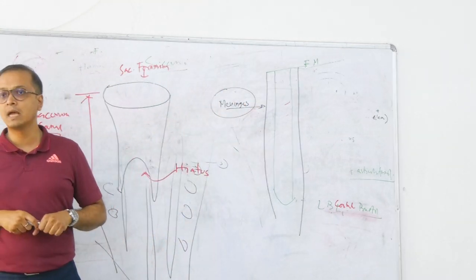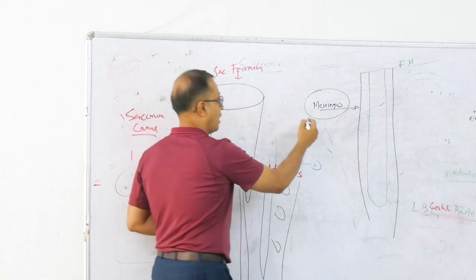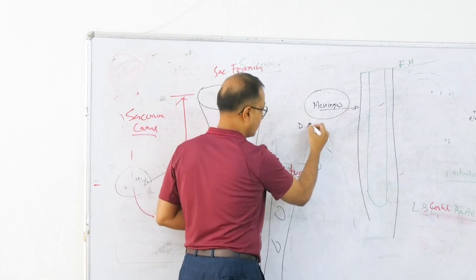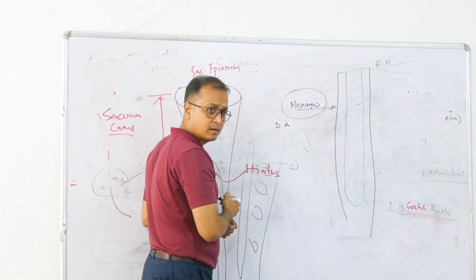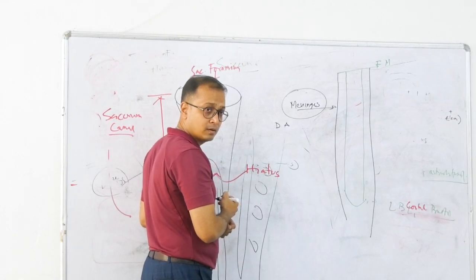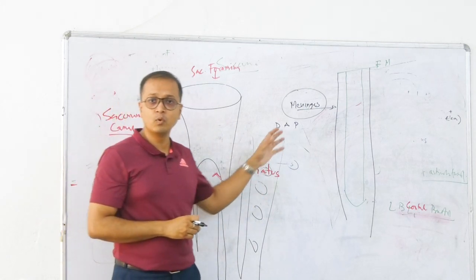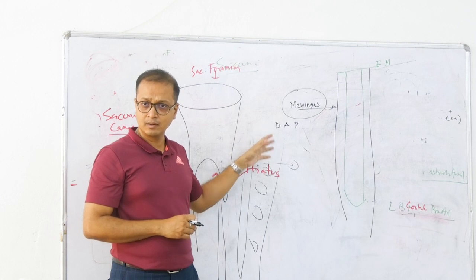How many layers does the meninges have? Three. What are these layers? So most outside is the dura mater. Then you have the arachnoid mater, then the pia mater. So most inside is the pia mater, then the arachnoid mater, and then the dura mater.